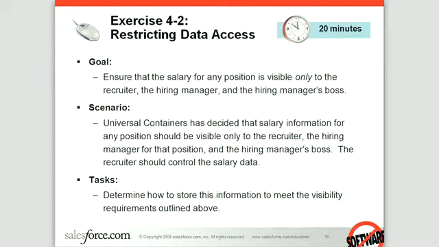So, restricting data access. Universal Containers has decided that salary information for any position should be visible only to the recruiter, the hiring manager for that position, and the hiring manager's boss. The recruiter should control the salary data. Determine how to store this information to meet the visibility requirements outlined above.